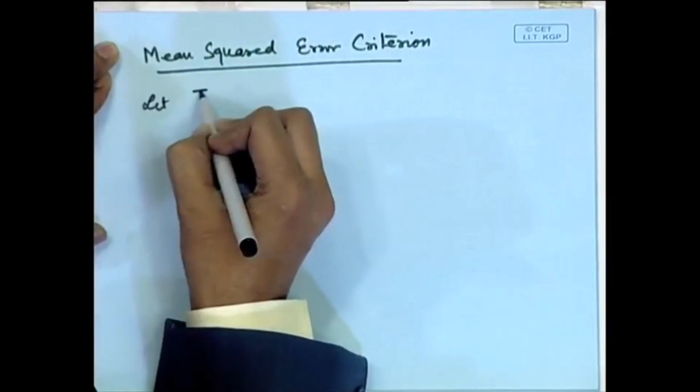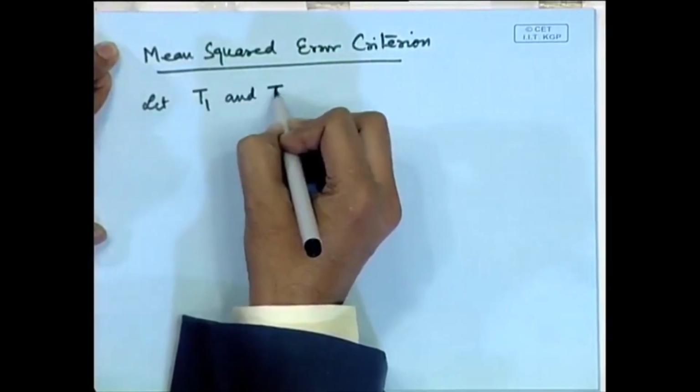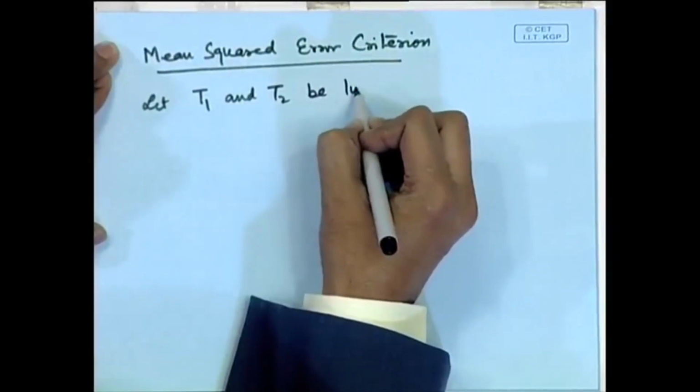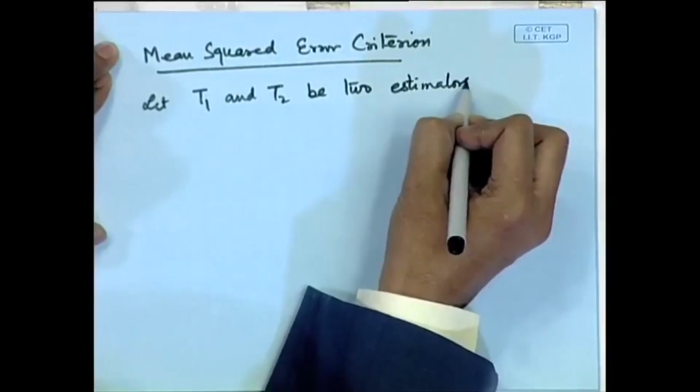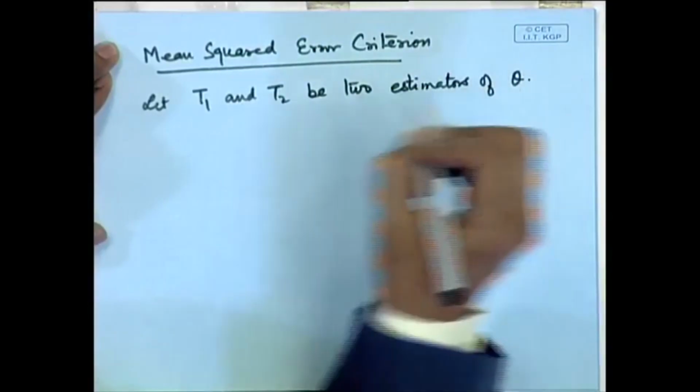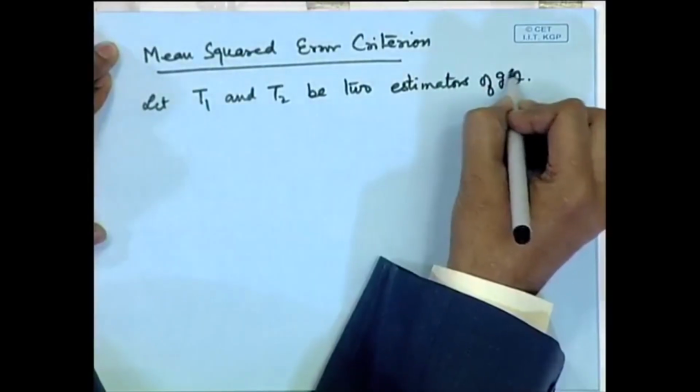Let T1 and T2 be two estimators of theta, say g(theta).